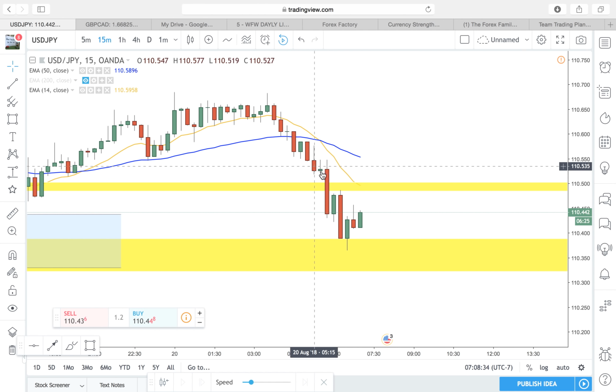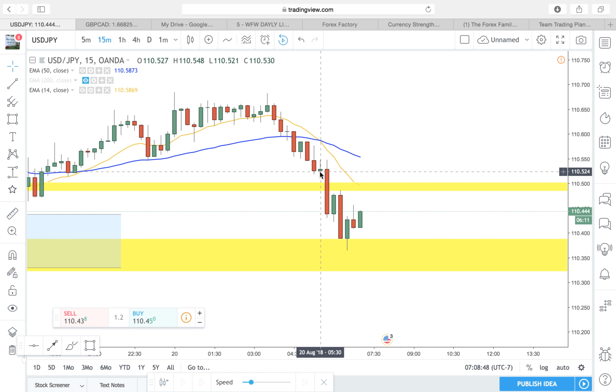I missed my entries here. I just wasn't ready for it. I was preparing and looking for a pair. And here's the thing: when you're trading, you want to make sure you're not switching between too many strategies. If I'm trading 4-hour momentum, I need to wait until the 4-hour time frame closes.